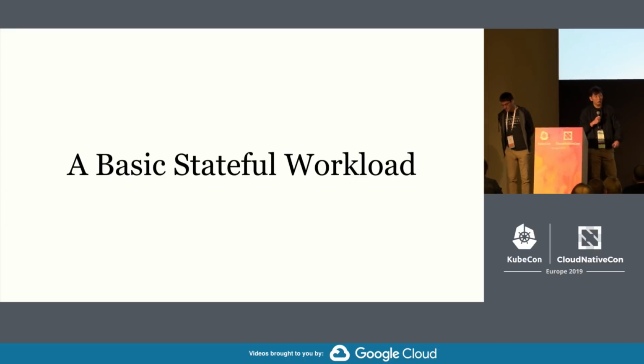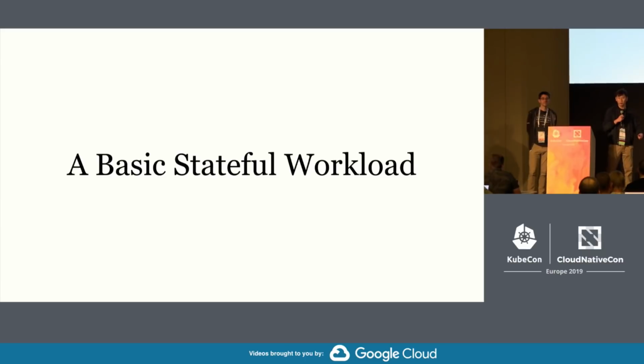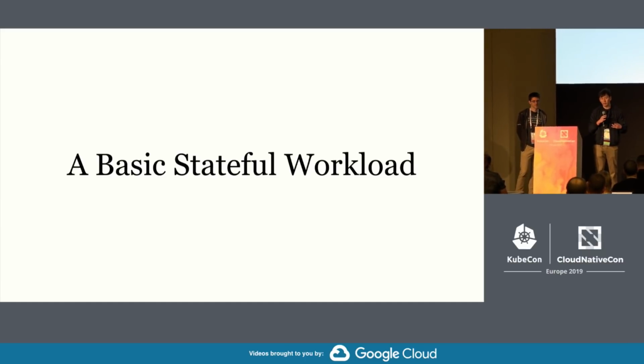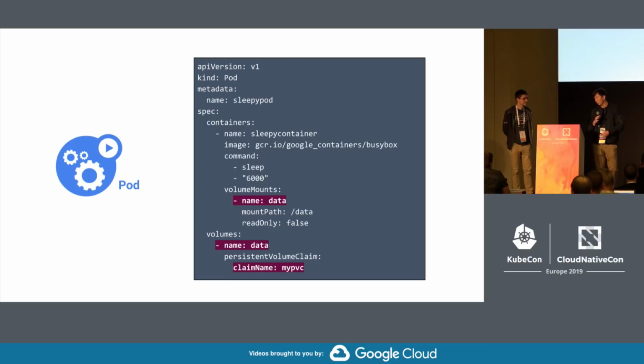So I want to start by showing you a basic stateful workload. Many of you may already be familiar with the very basics of Kubernetes, which is that it's a container orchestrator, but it's actually a pod orchestrator, where a pod is a collection of containers as well as its configuration information, environment variables, images, and some commands.